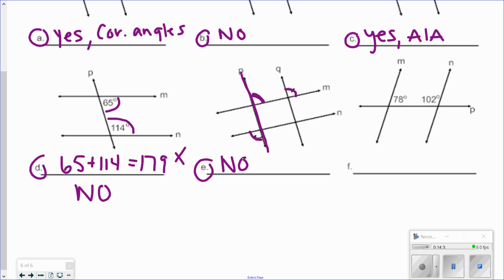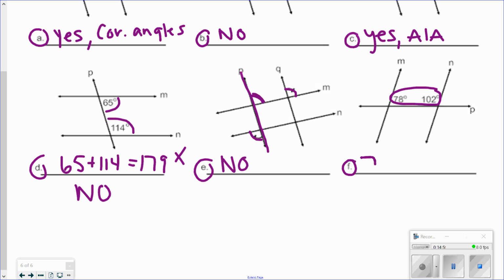We're using too many transversals, and we have to just look at one of the transversals and see if we know enough information from there. So this is no. And then finally, F. If I look at these angles here, I have same side interior or consecutive angles, and they should add up to 180.